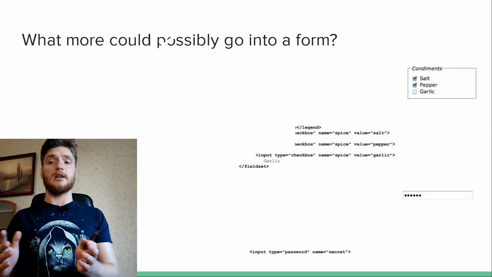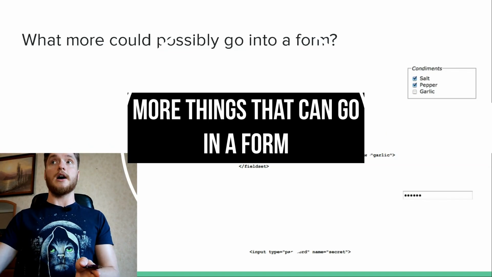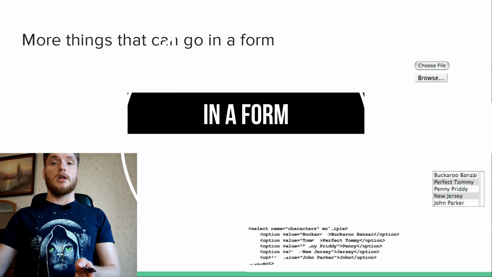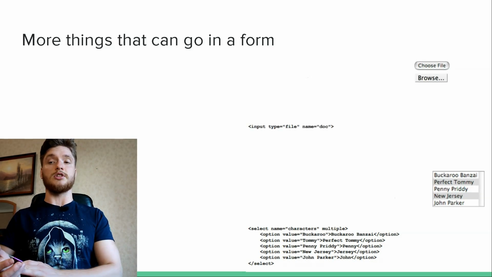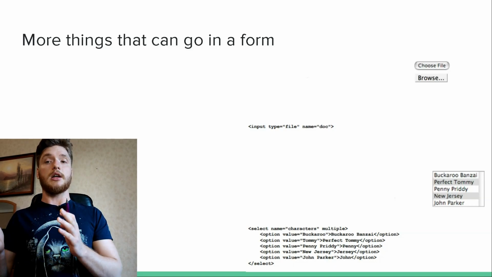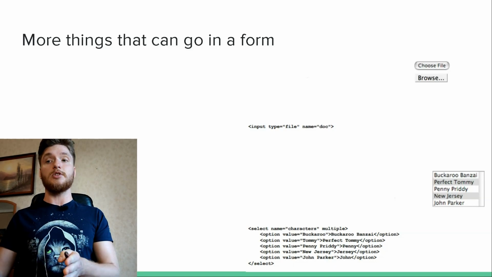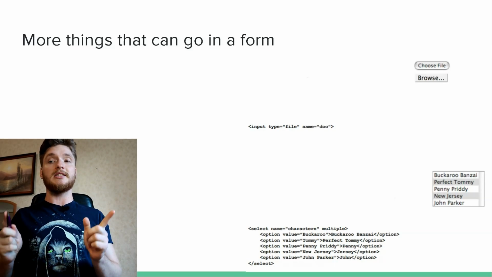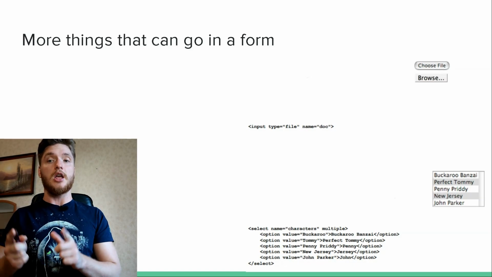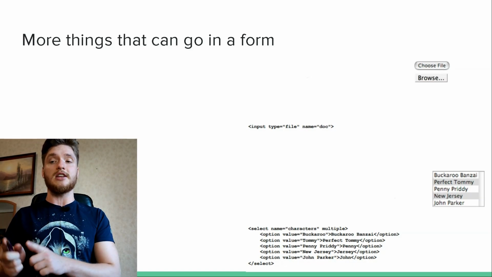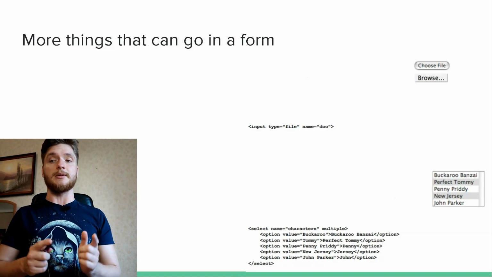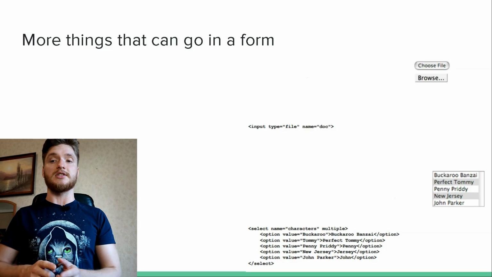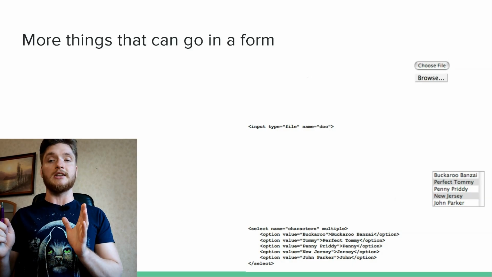More things that can go in a form. File input. Here is a whole new input element we haven't talked about. If you need to send an entire file to the server script, you'll once again use the input element, but this time set its type to file. When you do that, the input element creates a control that allows you to select a file, and when the form is submitted, the contents of the file are sent with the rest of your form data to the server.